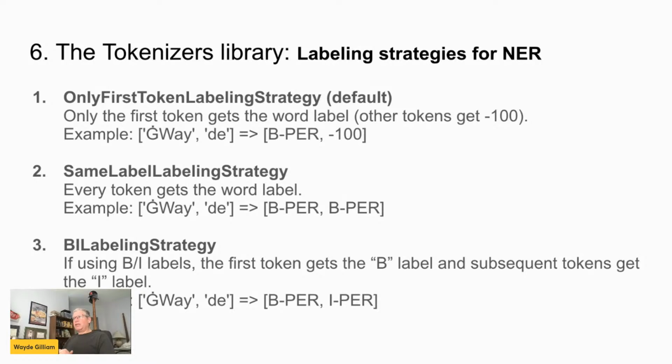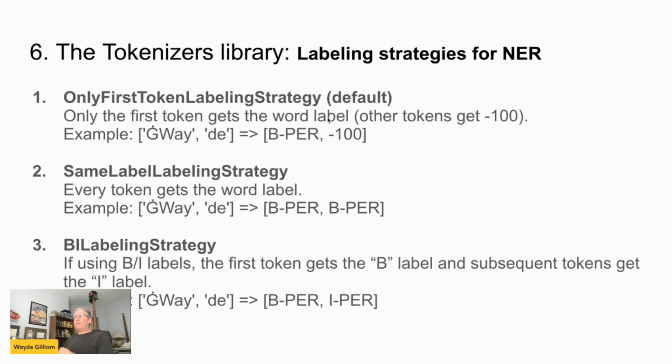So only first labeling strategy, which is the default: the first token is going to get the word label. The other ones are going to get -100. -100 is the default when we calculate cross entropy loss. It is the number that tells cross entropy loss to ignore that particular element when calculating the loss.